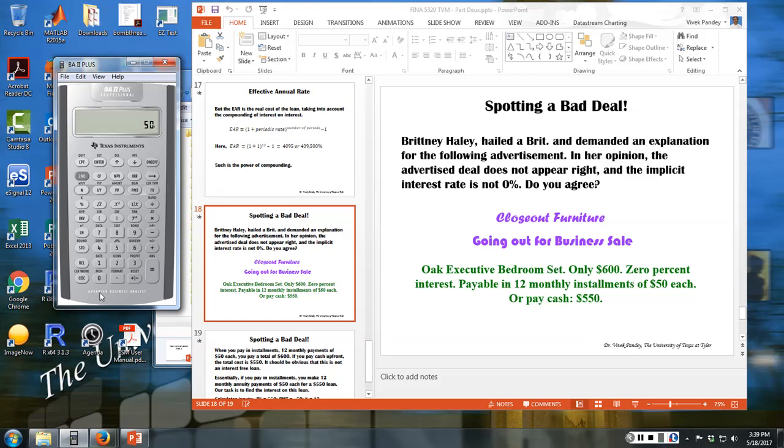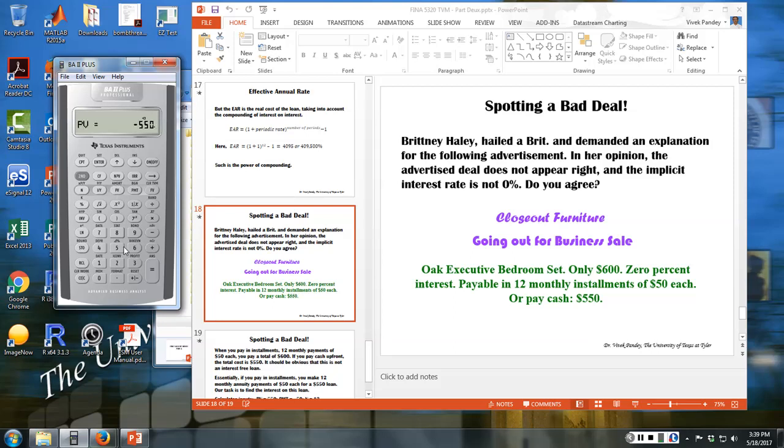So I did second FV, then 50 is PMT, and there are 12 of those payments, so 12 is N. You make those payments on $550 that you borrow today, so you have to make one of them negative. I had already put $50 as a positive payment, and so $550 negative is the present value.